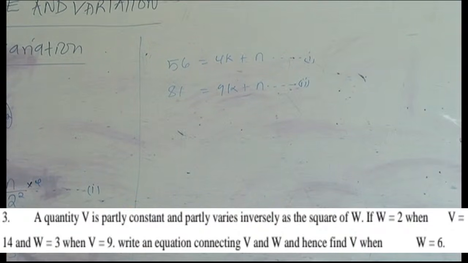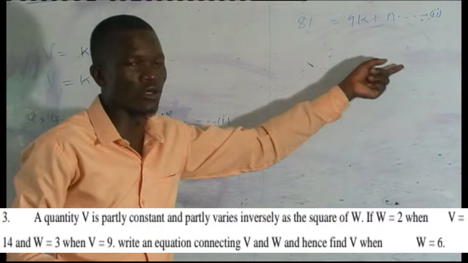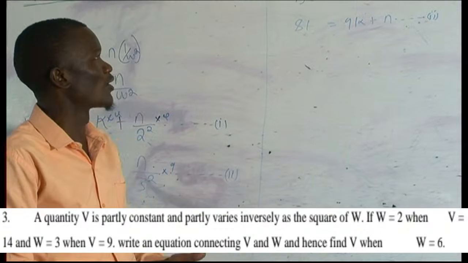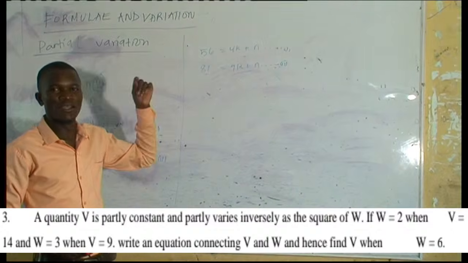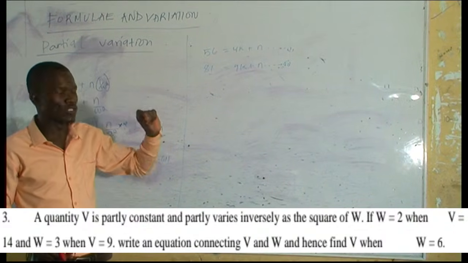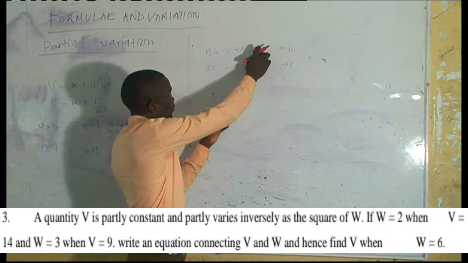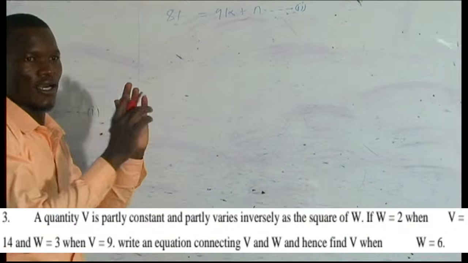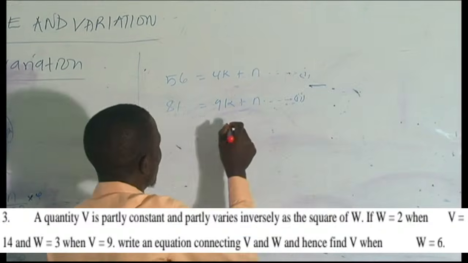Now from here you can solve the value of N or the value of K using 3 methods. You can go with the elimination method, you can go with the substitution method, you can go again with the matrix method if you can do that. And for me, I will use the shortest route possible, that is the elimination method. Because we have N as 1, 1, what I will only do is to subtract the 2 equations.